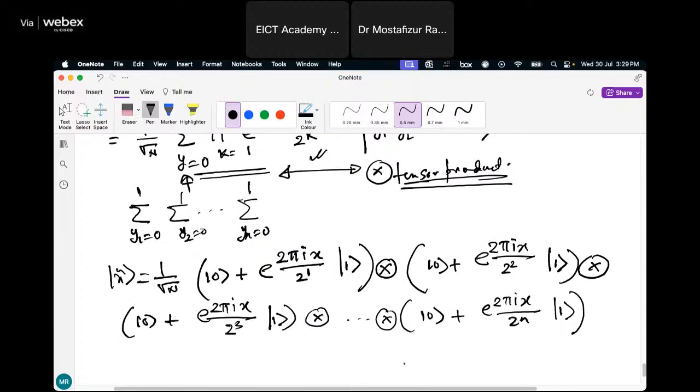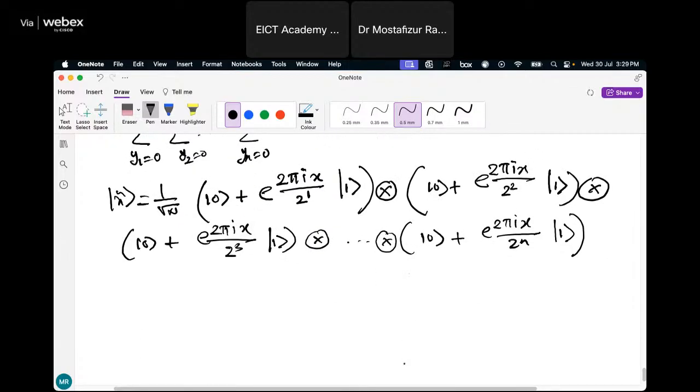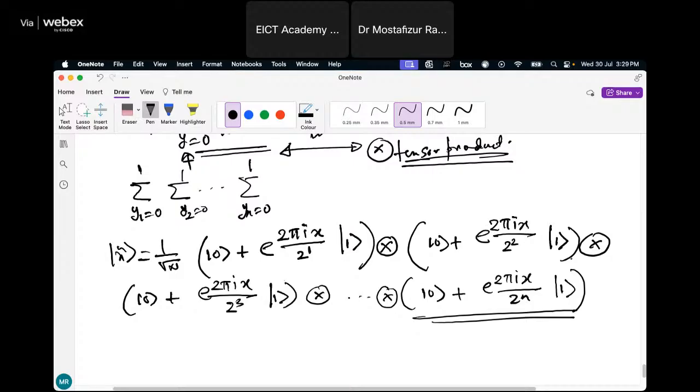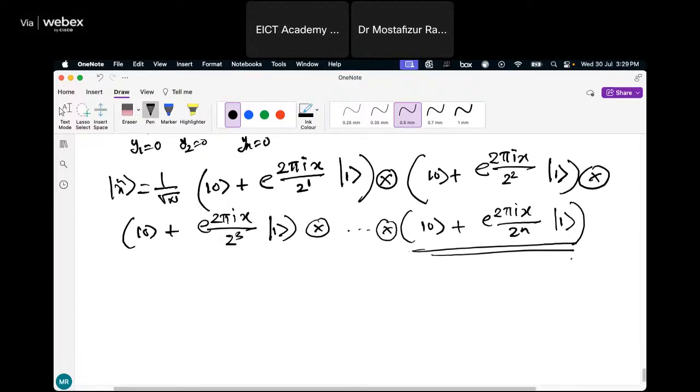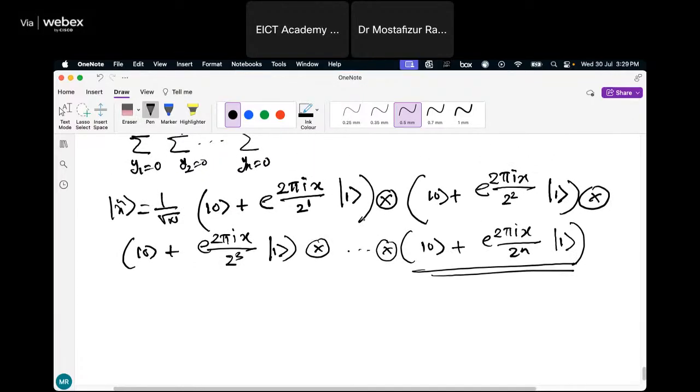Okay, and this makes things much simplified. Why have I written this particular form? Swapping the order of the product and sum and bringing in the terms in tensor product form, this is what I have done. So by breaking this way, this is the Fourier transform part of the nth qubit, this is the Fourier transform part for the n minus 1th qubit, and this is the Fourier transform part for the first qubit.